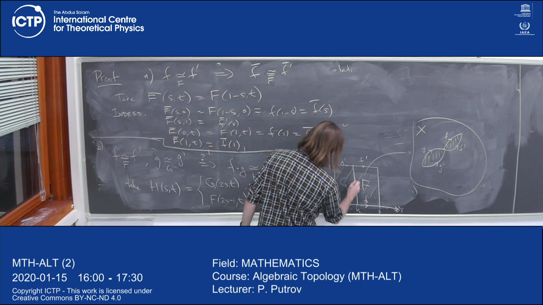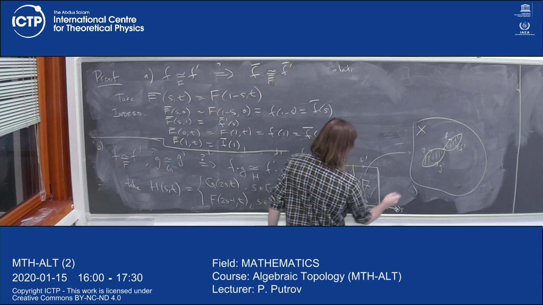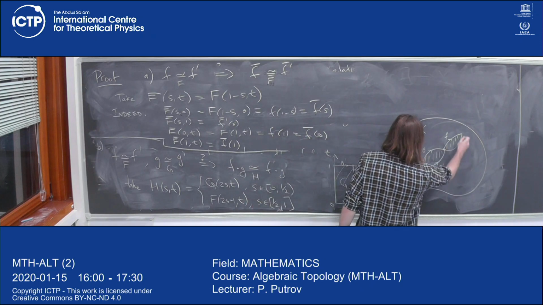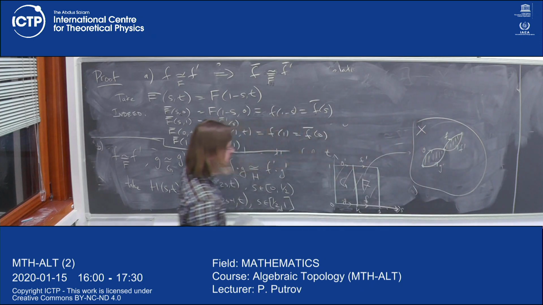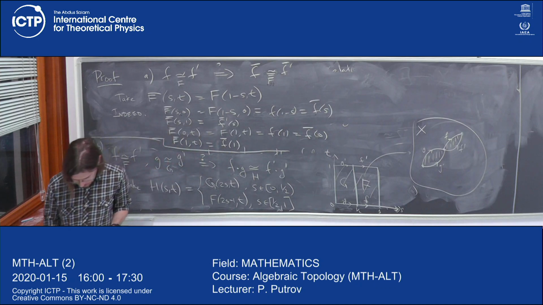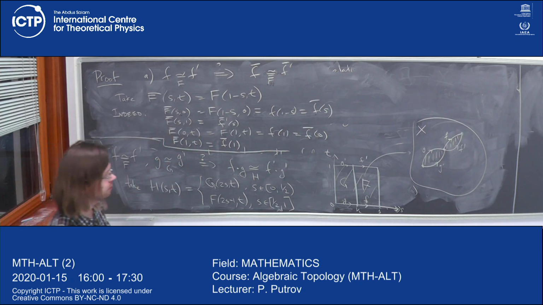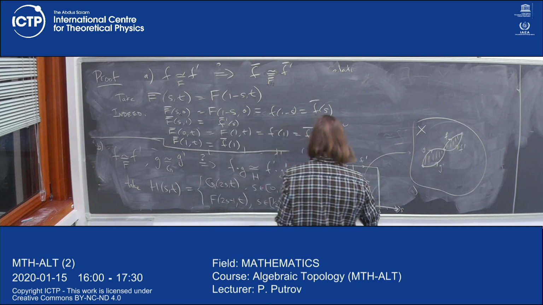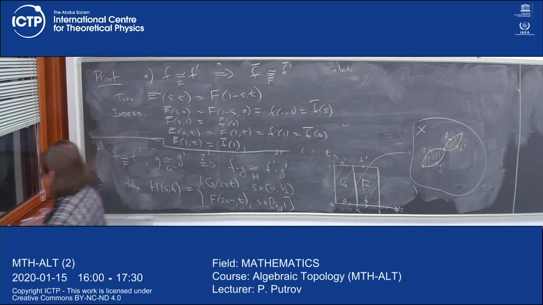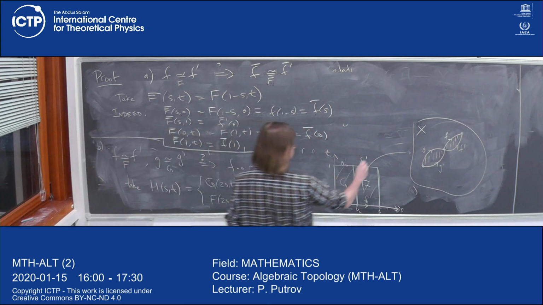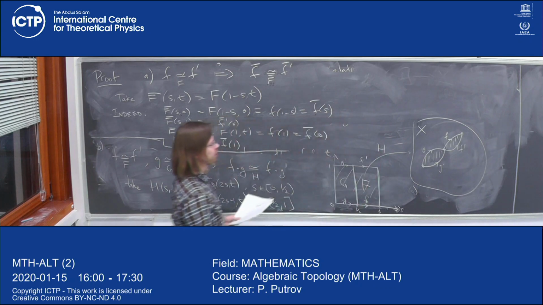All those vertical edges, again, are just mapped to single points. This is the structure of my map H.